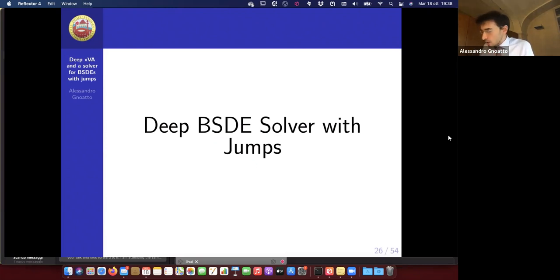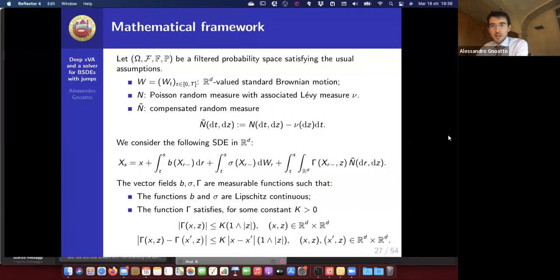In this second part, I will be leaving the motivation provided by counterparty credit risk, and I will take a step back to a more general setting: the general setting of a forward-backward stochastic differential equation in the presence of jumps.